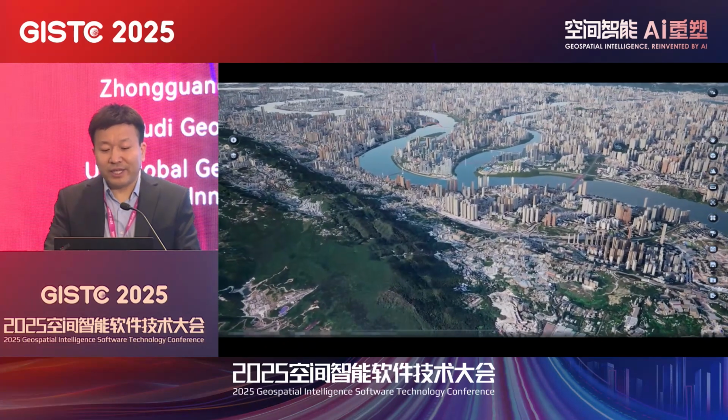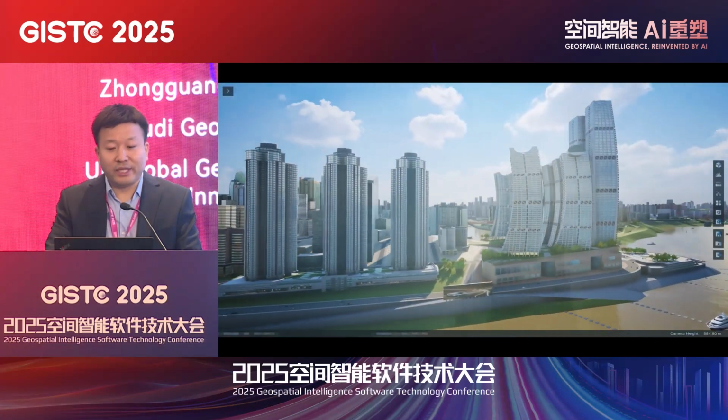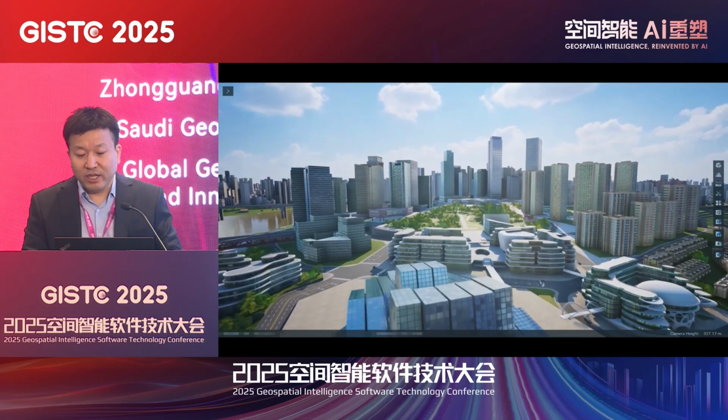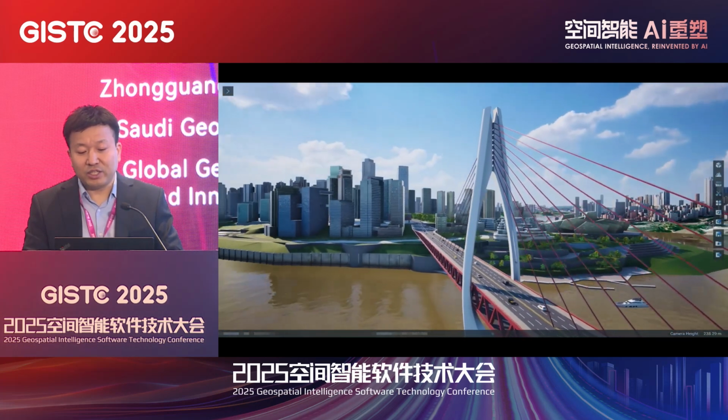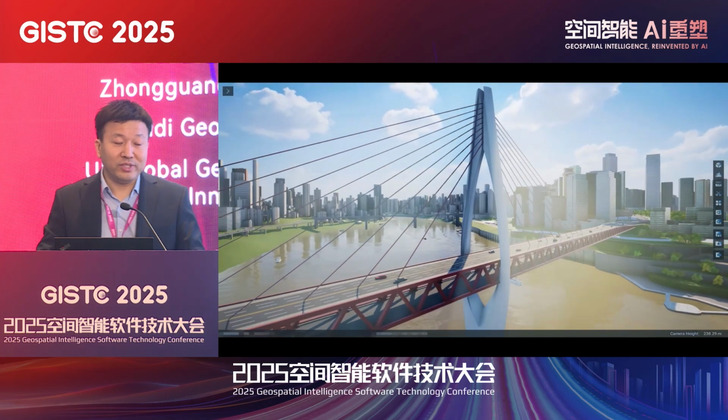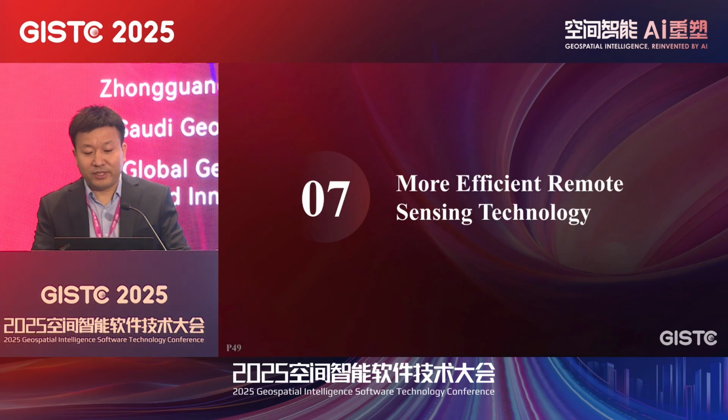Okay, this is a case in Chongqing city. Chongqing digital twin smart city with dynamic sunlight and drifting clouds, constructing a realistic and cool digital city.